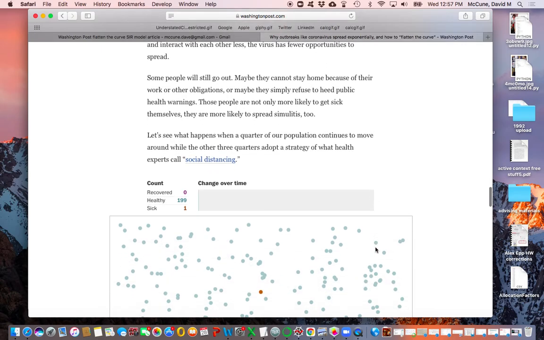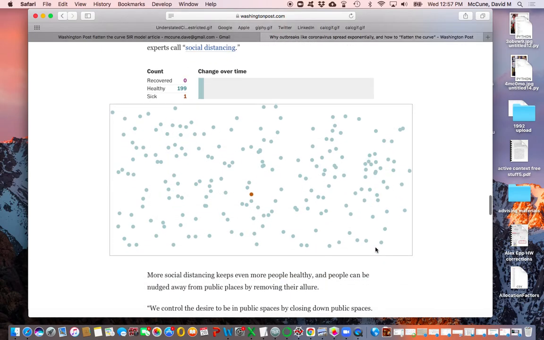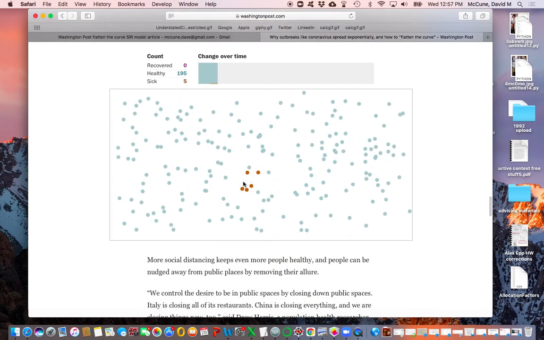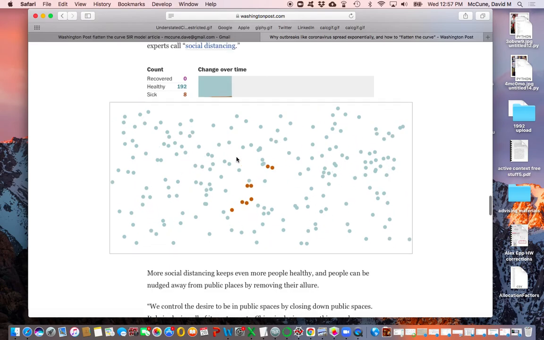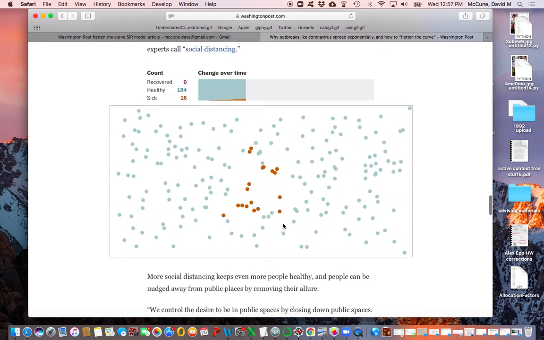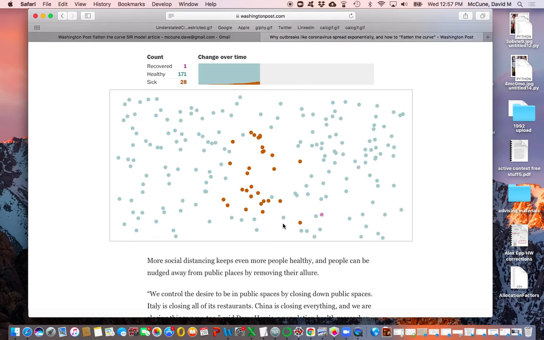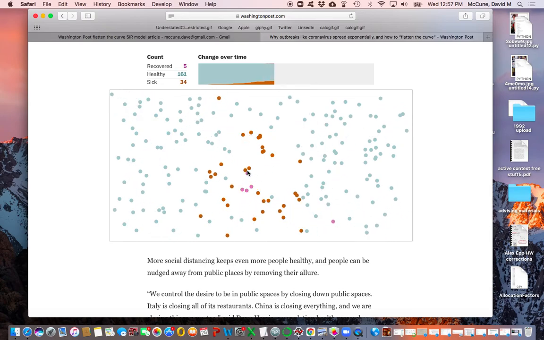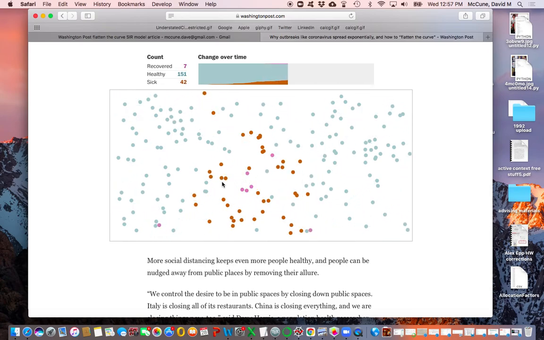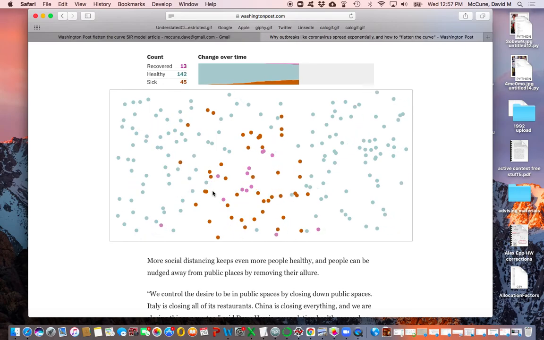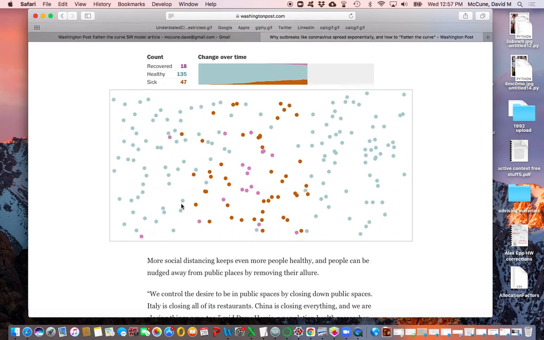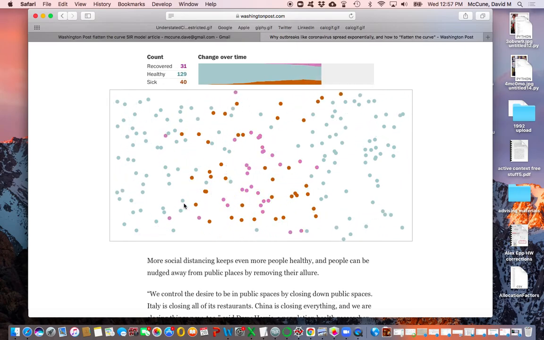And then here is a model. There's not nearly as much movement because a lot of people, they call it social distancing here, right? A lot of people in this model aren't really moving around. However, a sick person still hunts them down sometimes, right? That sick person is moving all over the place. In practice, if you're just sitting here, not moving, that'd be like sitting in your house.